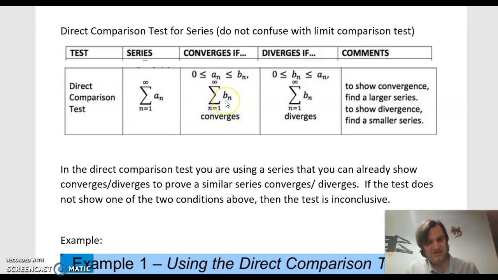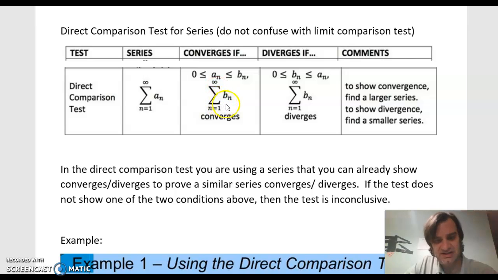Maybe we'll call it B. And if we know the B series converges, and we can show that every term in A, index to index, A sub 1 is less than B sub 1, A sub 2 is less than B sub 2, if we can show that every term in A is less than every term in B, then we get to say that A converges.